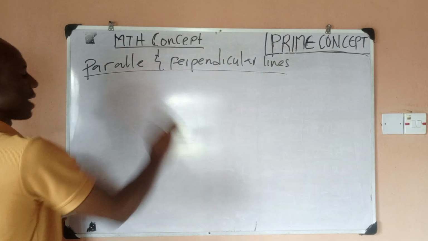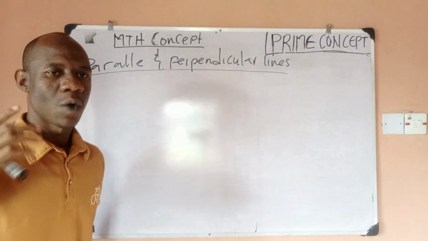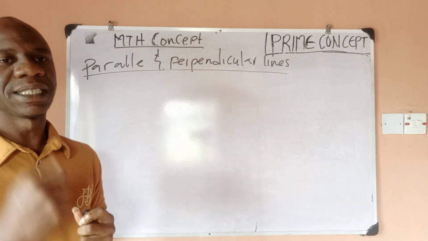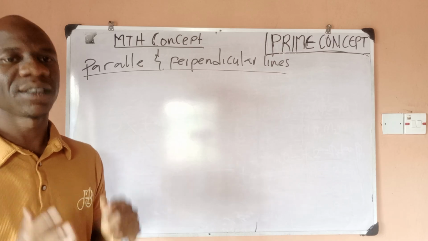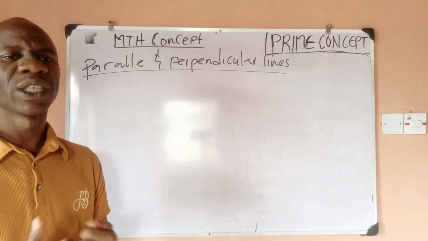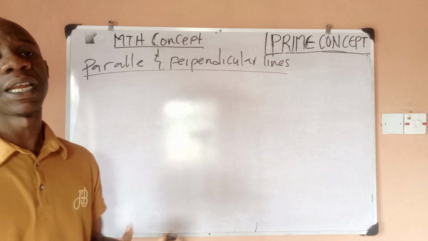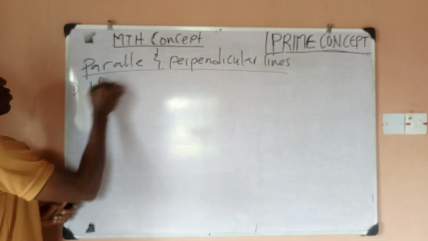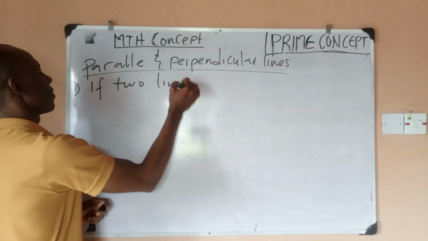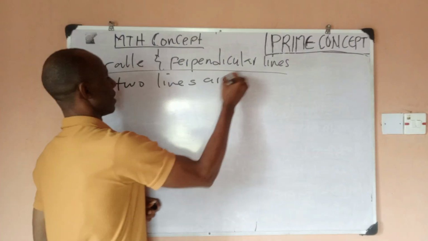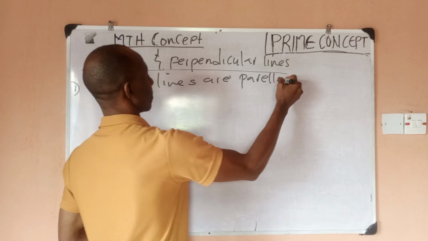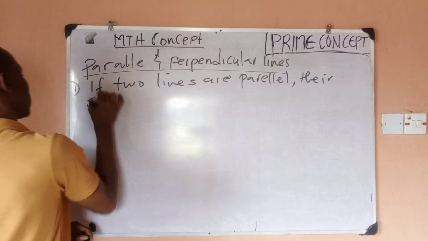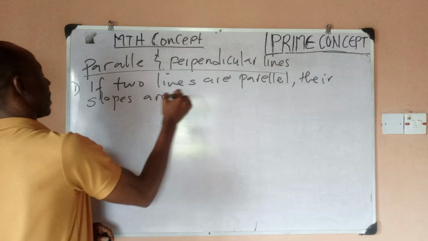Now, one thing you should understand is that if one line is parallel to another line, it simply means that their slope is going to be the same. Of course, to get the equation of a line, you need to know the slope of the line, right? So the first point I want you to note is that if two lines are parallel, their slopes are equal.